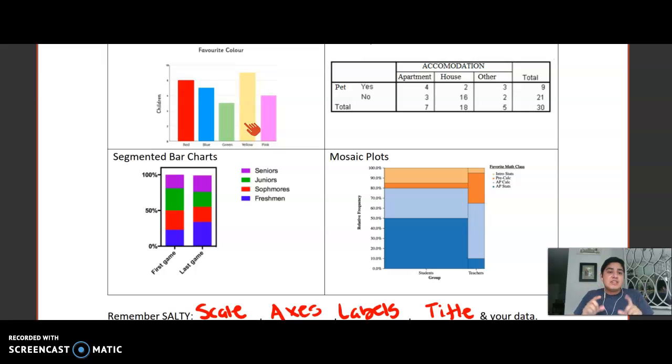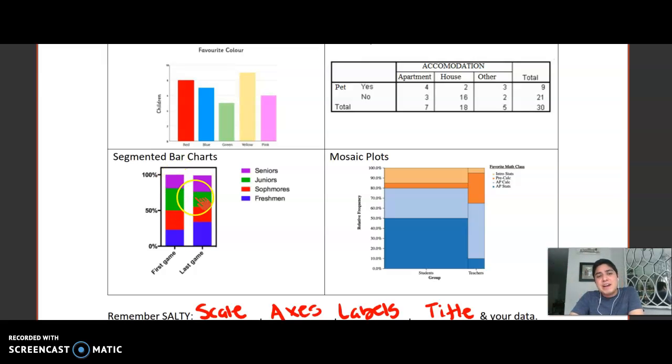So each section in the segmented bar chart is the relative frequency, meaning that that purple up top, this is how many juniors out of the total sample, total number, this is the number of seniors out of the total sample that were there. So it could be like 20% of those entire 100 students that we interviewed were seniors. And then maybe this is like 30%. So 30 juniors out of the 100 students, 30 students out of the 100 students we interviewed were juniors, etc.